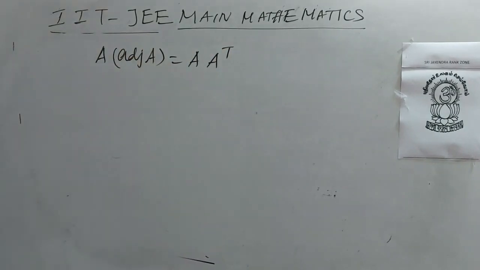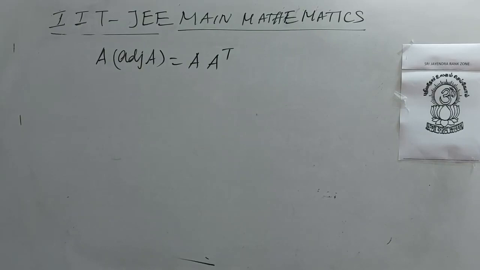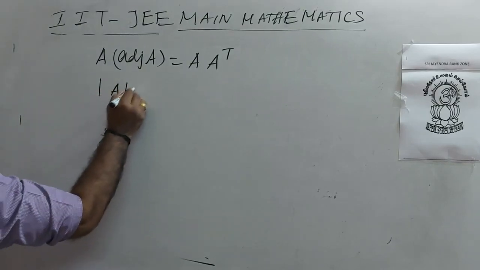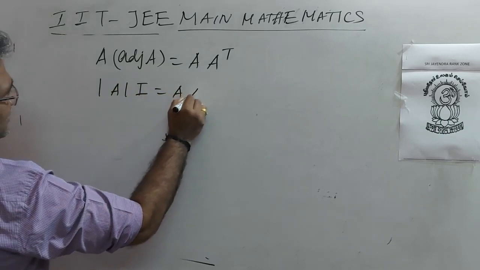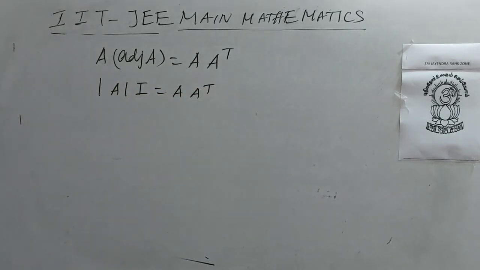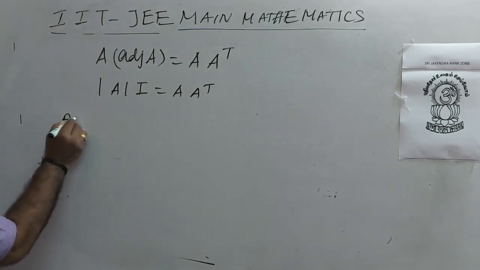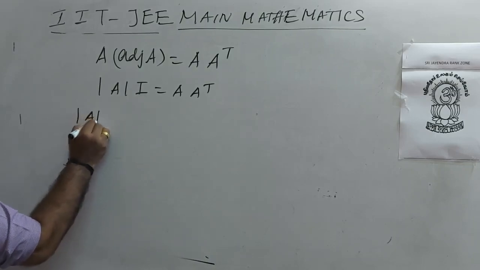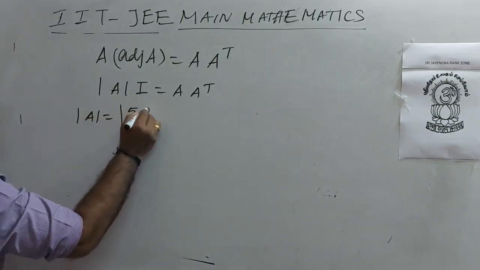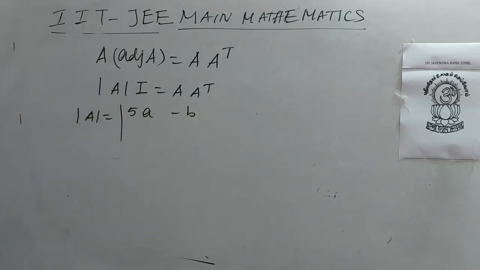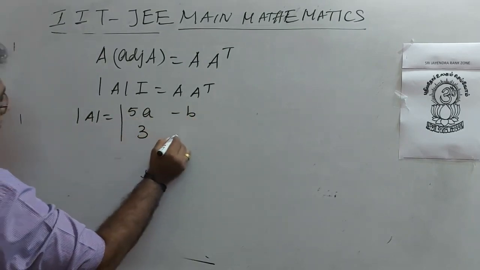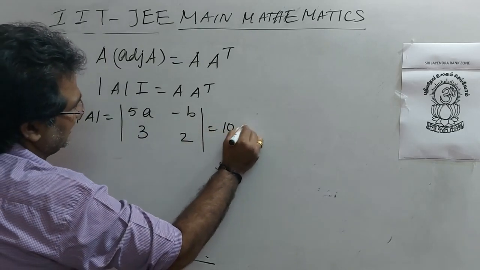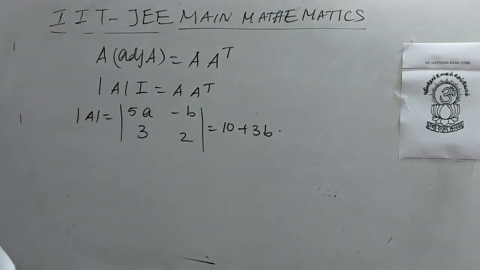A into adjoint of A equal to A into A transpose. But we know that A into adjoint of A equal to determinant A into I, equal to A transpose. First you find determinant A. With 5a, minus b, 3, 2, it is 10a plus 3b.